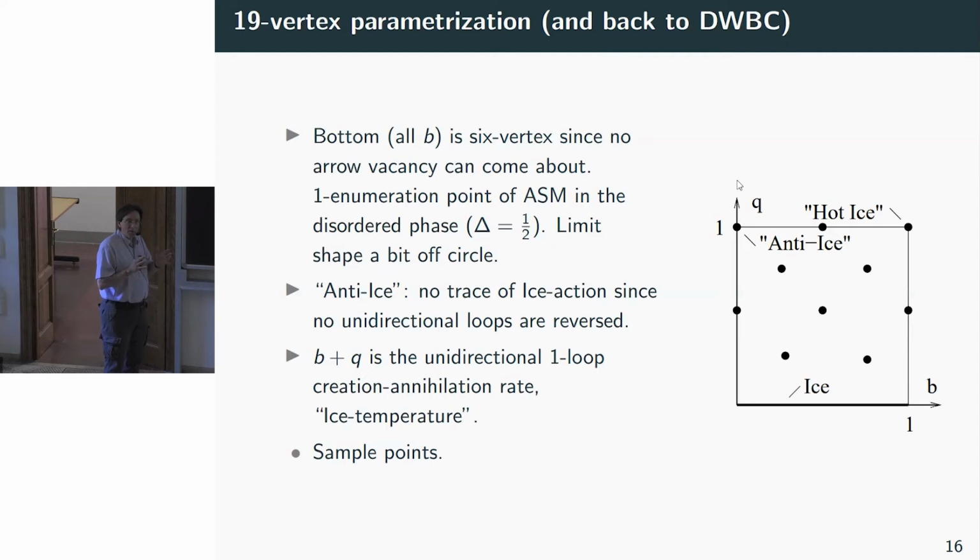If there ever appears an oriented unidirectional one cycle, it's immediately removed from there. So there's no ice dynamics left in here. Remember, those reversals of oriented one cycles were the ones that gave you all of ice. If you remove that dynamics completely, then you're at that point. So what actually happens there might be of some interest to look at.